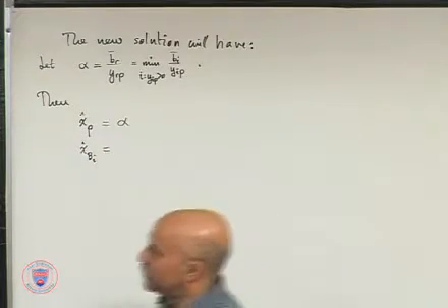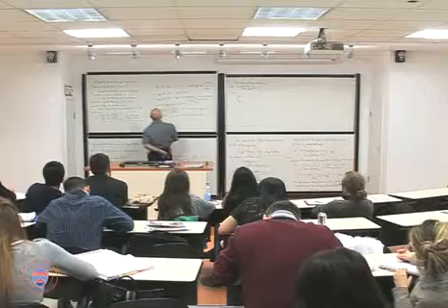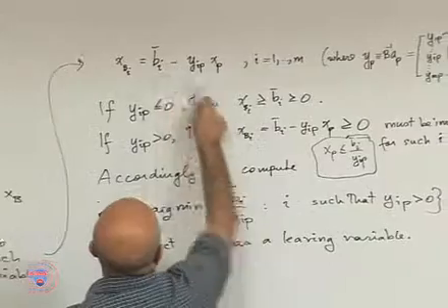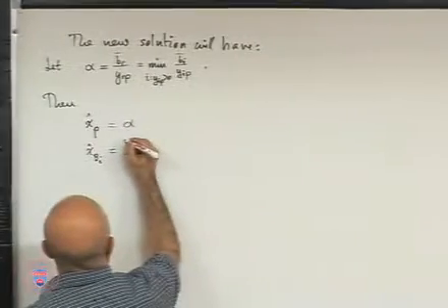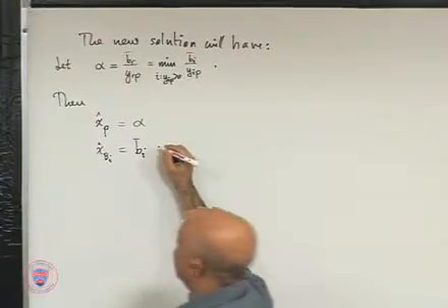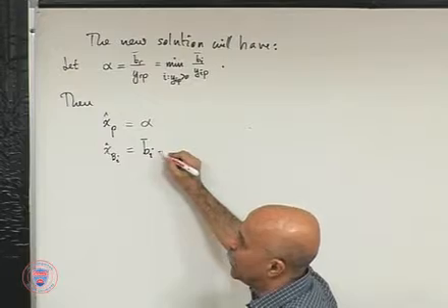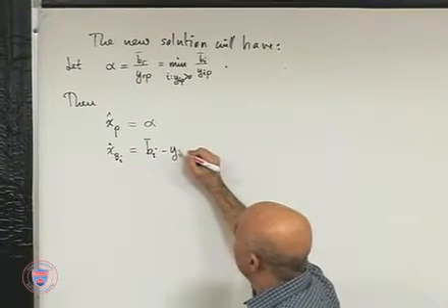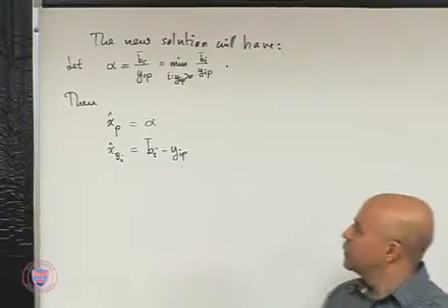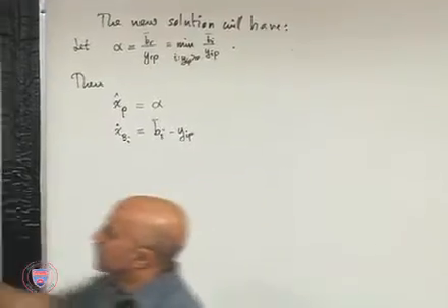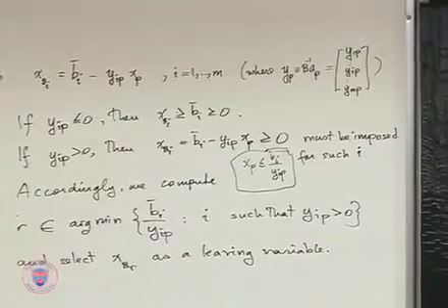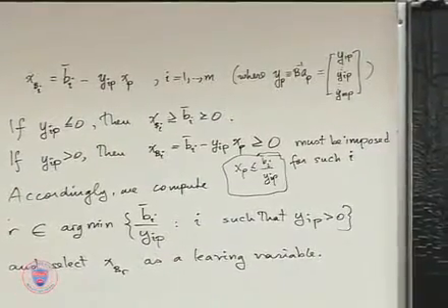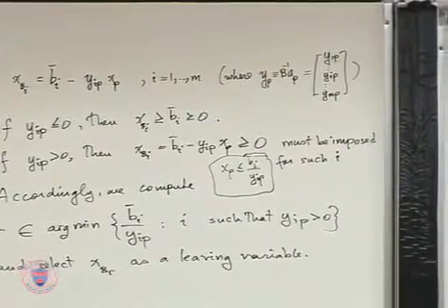Well, it's already defined for you, here. It's the current value of the ith basic variable minus some number here, which is y_ip, times the value you assign to x_p. The value you assign to x_p, let's just call it x̂_p, is alpha.